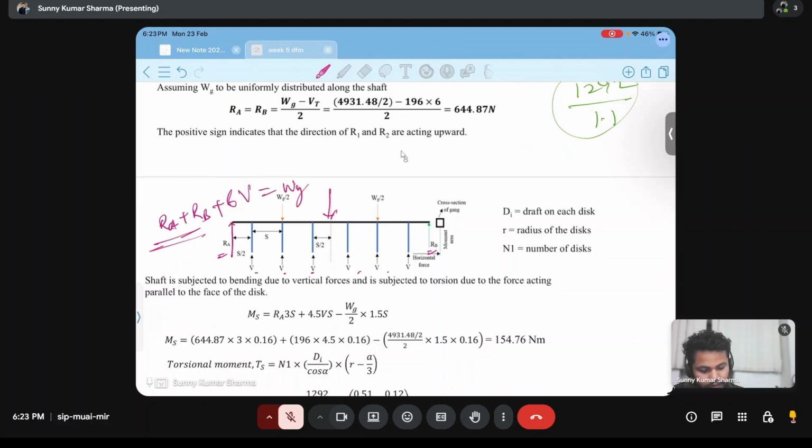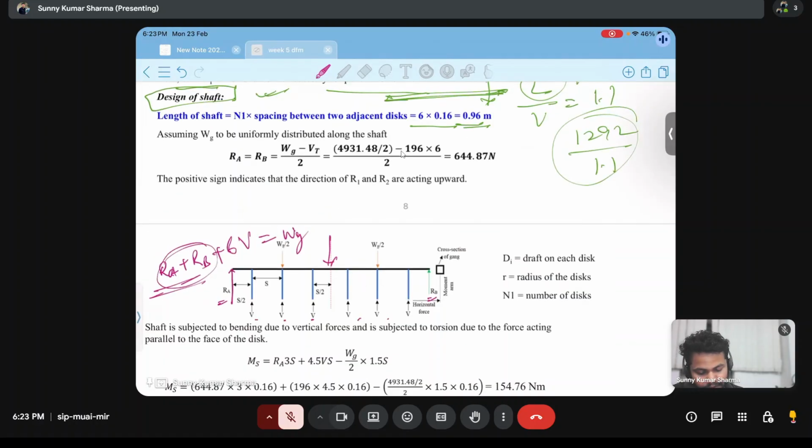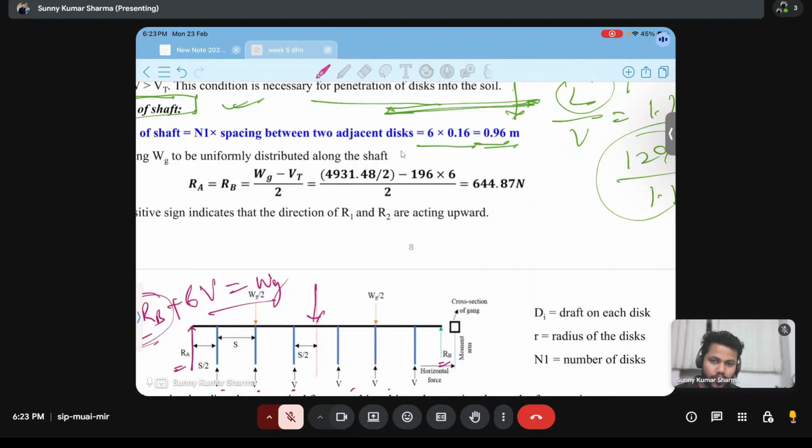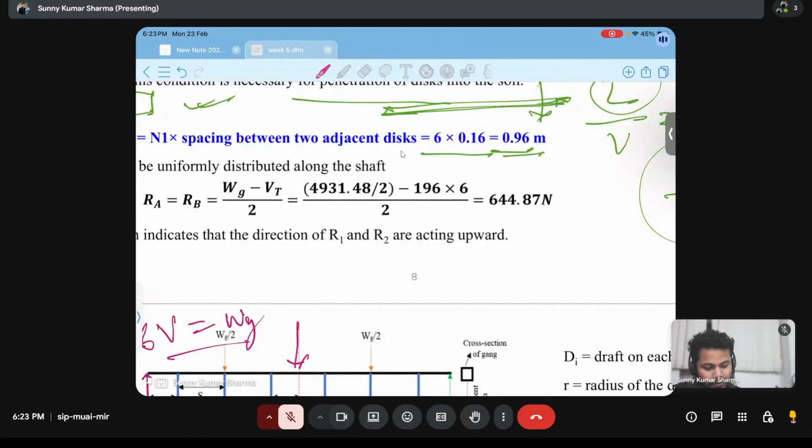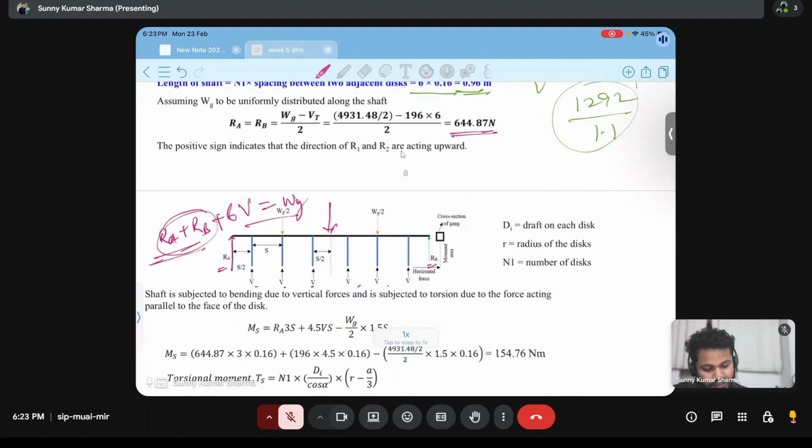So RA and RB will be (WG minus 6V) by 2, and WG is the weight of the whole offset disc harrow. This will be divided by 2 for the front gang, for the front disc harrow. So this comes to 644.87 Newton.